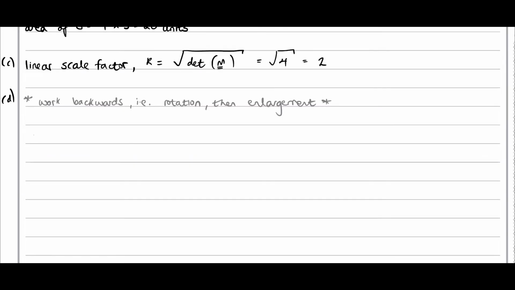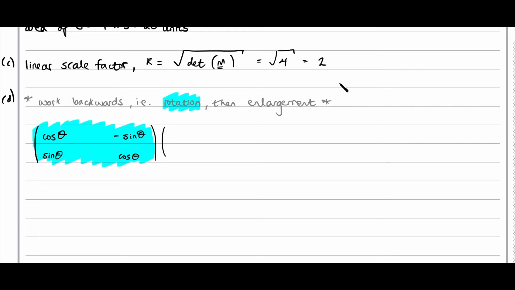So we have cos theta, minus sine theta, cos theta. So this was our rotation. Maybe if we highlight this, so the rotation is this matrix over here. And then we have our enlargement.